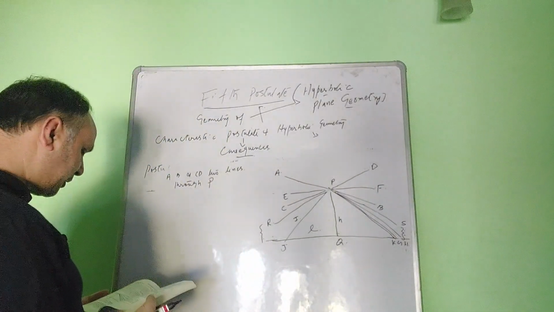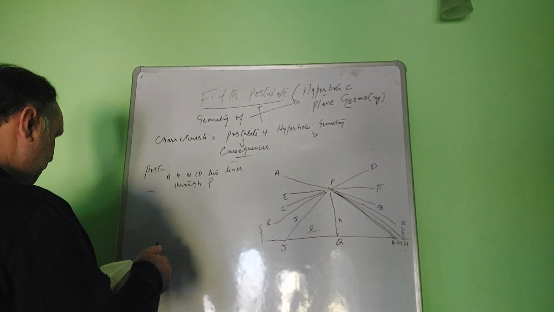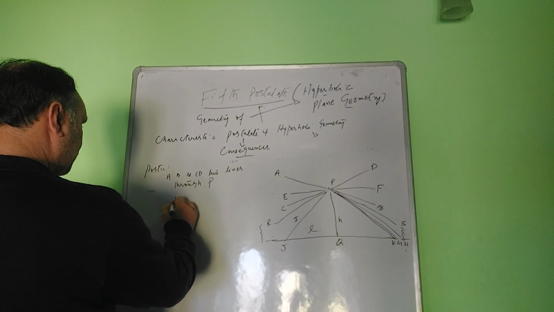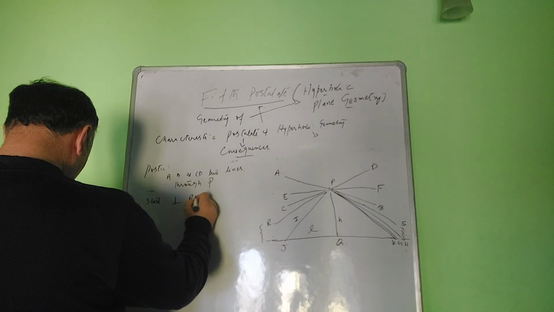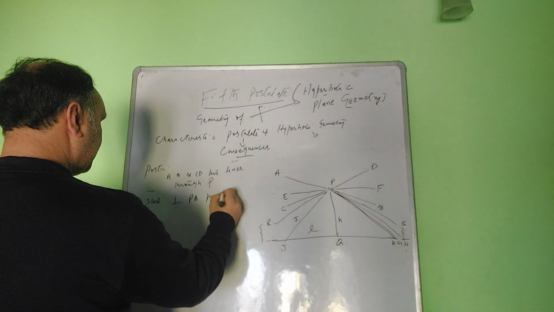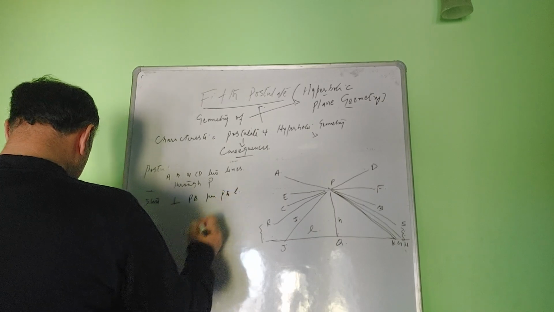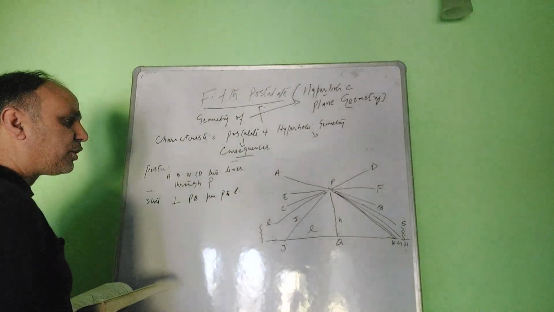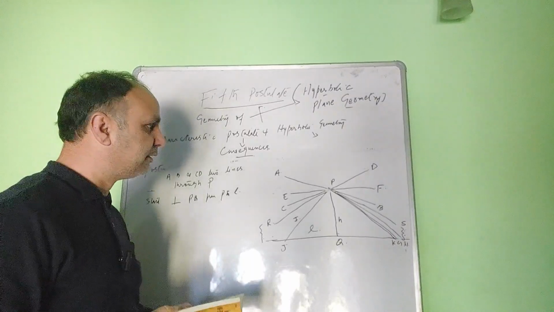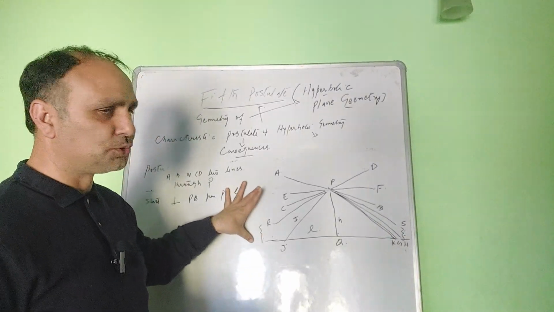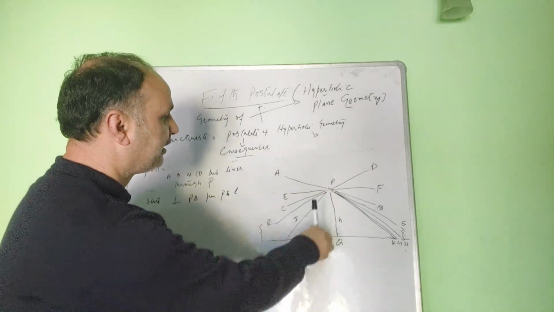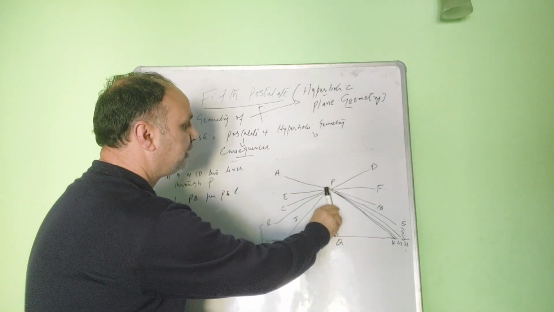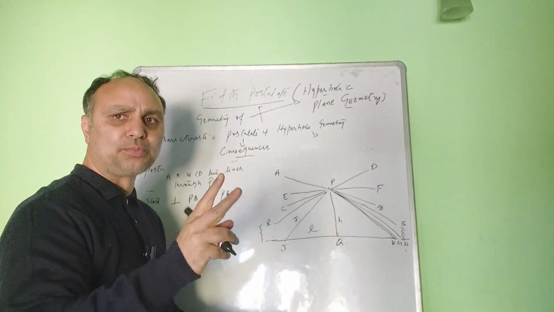So we start with the perpendicular PQ from P to L. Now we're coming back to the diagram of Lobachevsky. From this given point, if we rotate this plane, it cuts the lines into two parts.